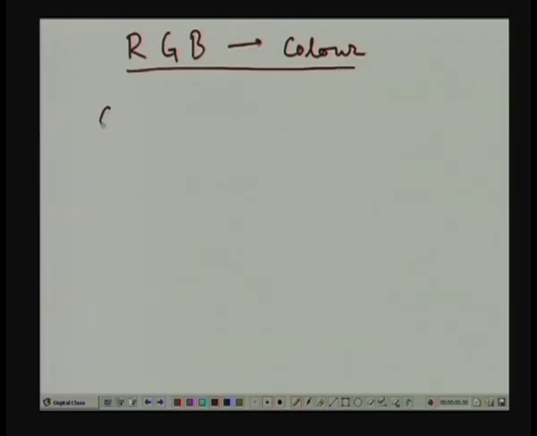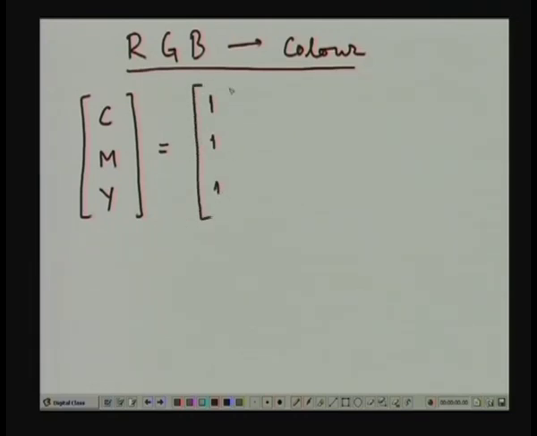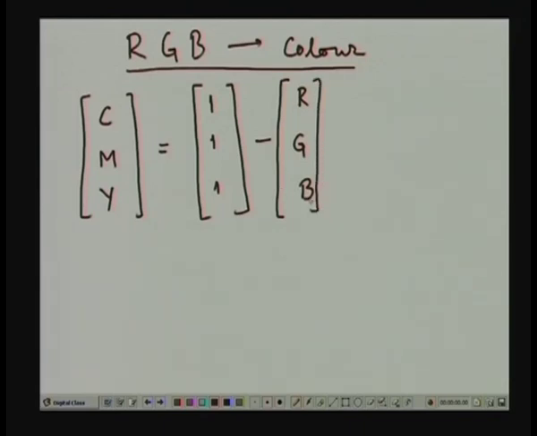We simply make this conversion: CMY is equal to 1 1 1 minus RGB. Here you remember that these RGB components are represented in normalized form, and similarly, by this expression, the CMY components that we get will also be represented in normalized form.